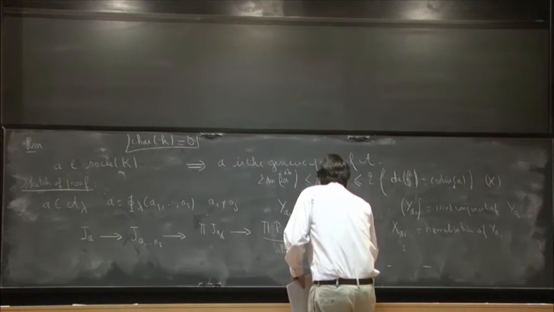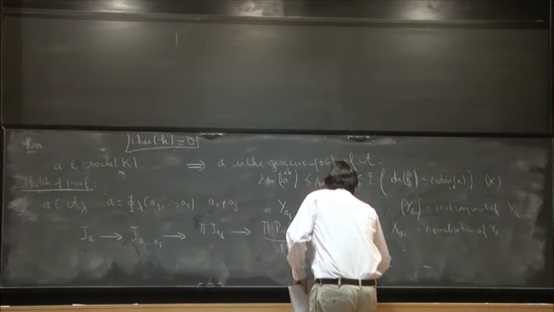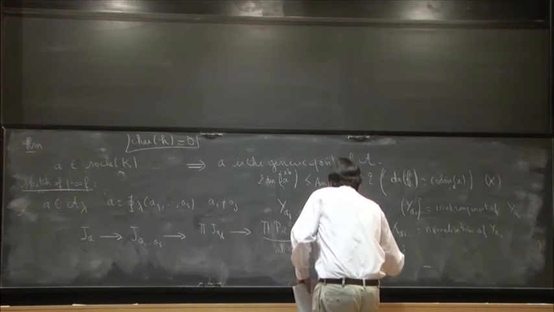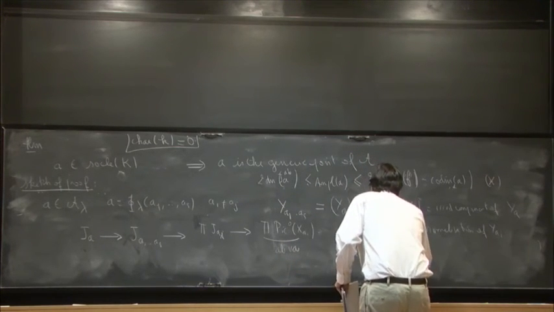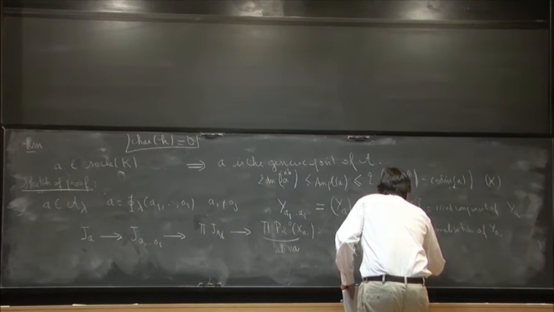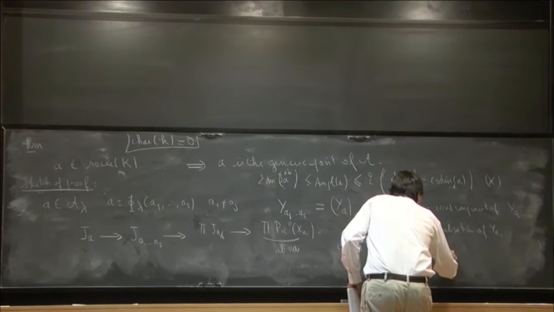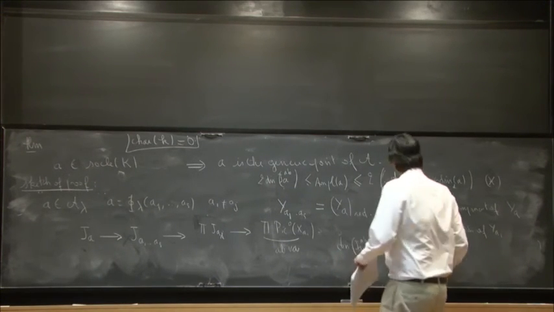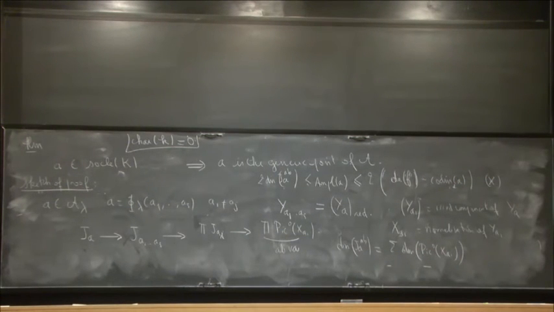So the dimension of the abelian part of JA is the sum of the dimensions of the Picard groups associated to the curves X tilde.